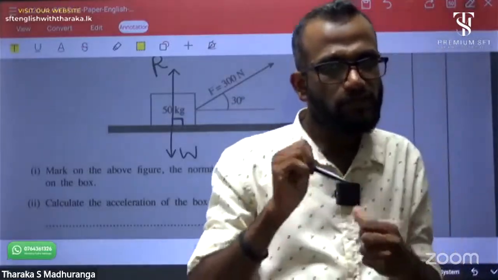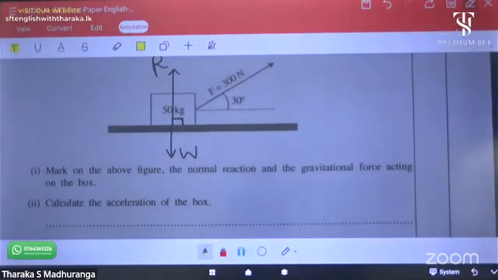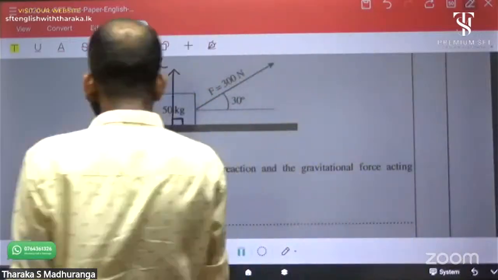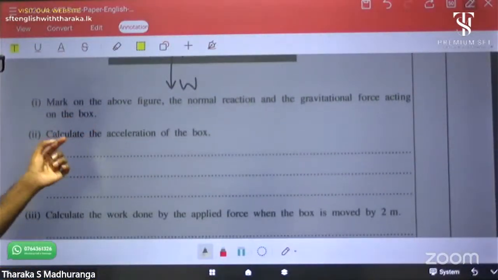Remember, perpendicular to the surface. That's very important.